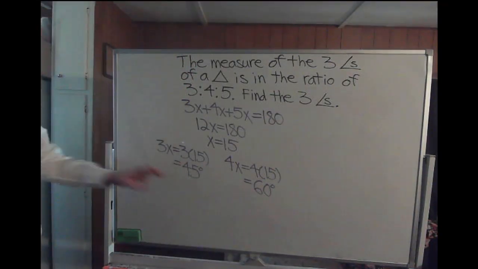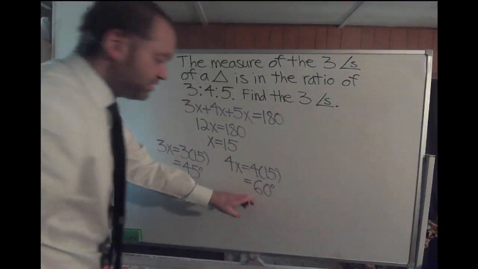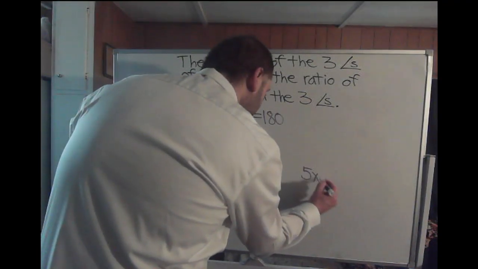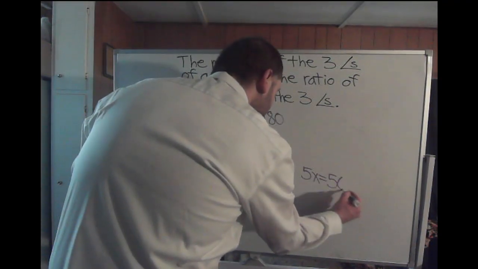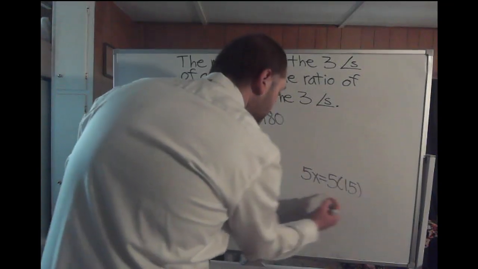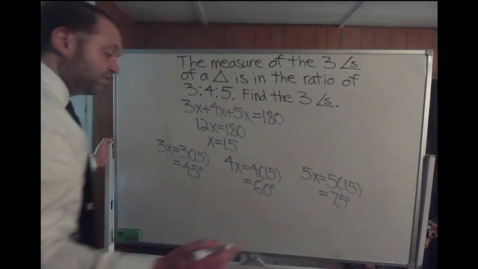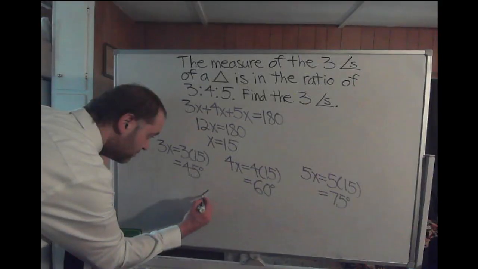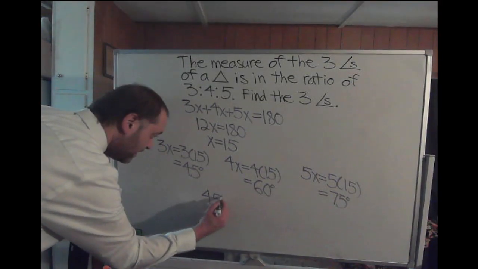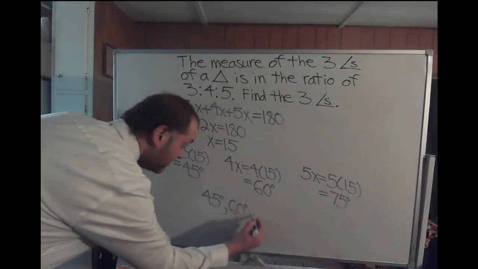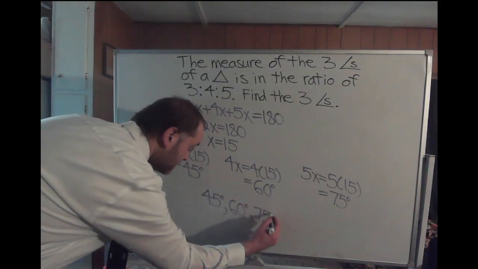So far you have a 45 degree angle, a 60 degree angle, and then of course you're going to take 5x, which would equal 5 times 15, which would equal 75 degrees. So the value of your three angles is going to be 45 degrees, 60 degrees, and then 75 degrees.